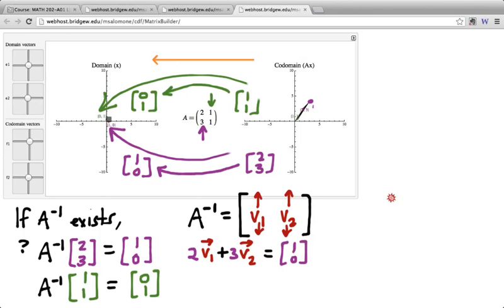And at the same time, from the second equation, 1 times the first column plus 1 times the second column should give me 0, 1. V1, V2. Let's put some plus and equals in there. Okay, so both of these need to be true for the columns in order to make it our inverse.